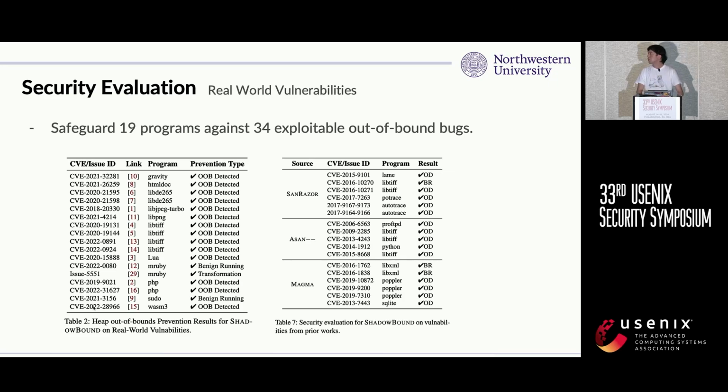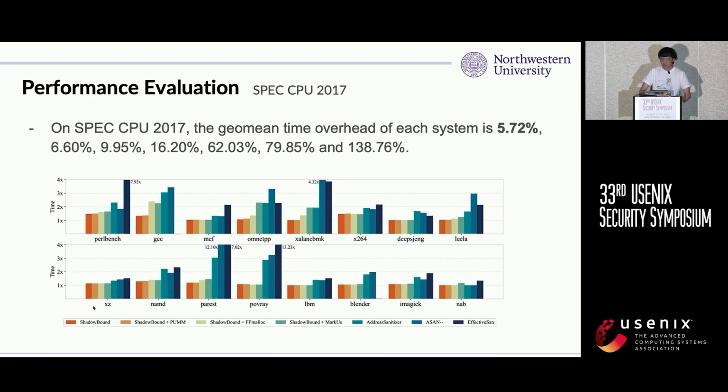Then we did a security evaluation for ShadowBound. ShadowBound successfully safeguarded 9 programs against 34 exploitable out-of-bound bugs. We also did the performance evaluation on the SPEC benchmark. On the SPEC benchmark, ShadowBound only introduced 6% overhead, and we also integrated 3 SOTA UAF defenses into ShadowBound, which shows that ShadowBound can work with them.